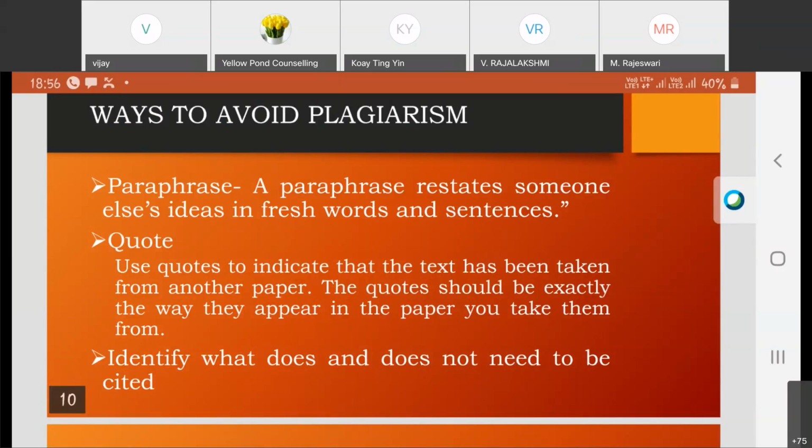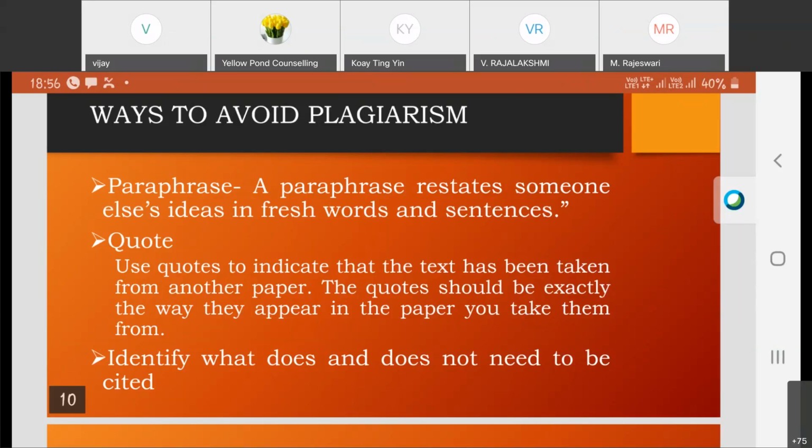Then we need to restate someone else's ideas and present them in our own sentences, providing the proper acknowledgement to the original author. That comes under paraphrasing. A paraphrase restates someone else's ideas in fresh words and sentences.